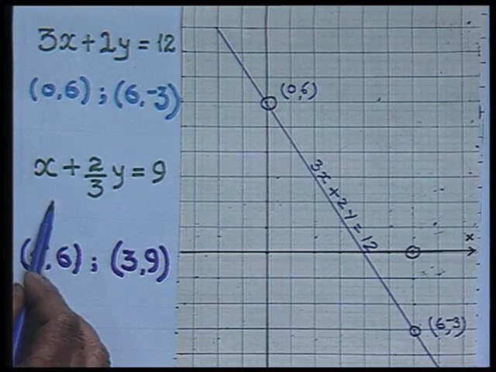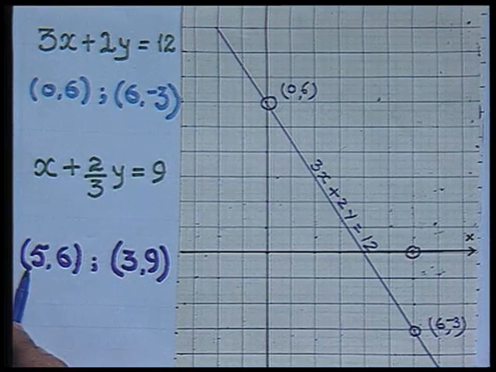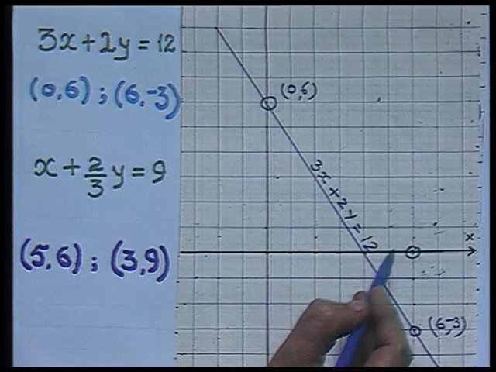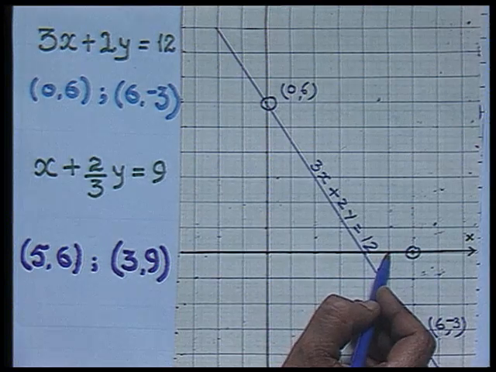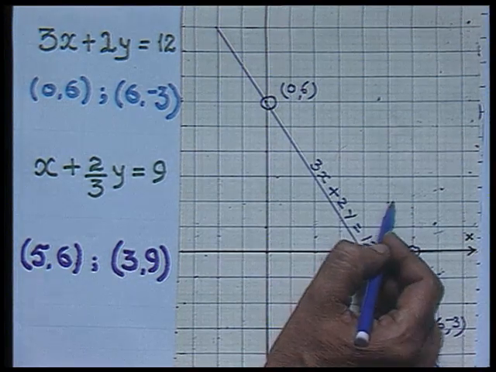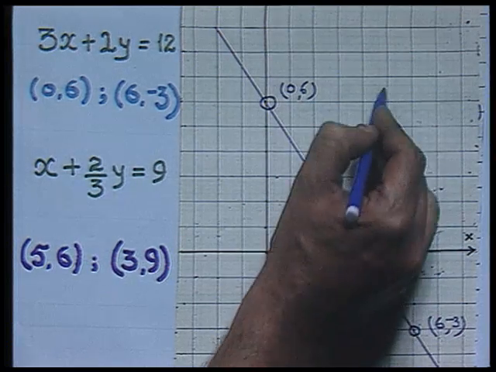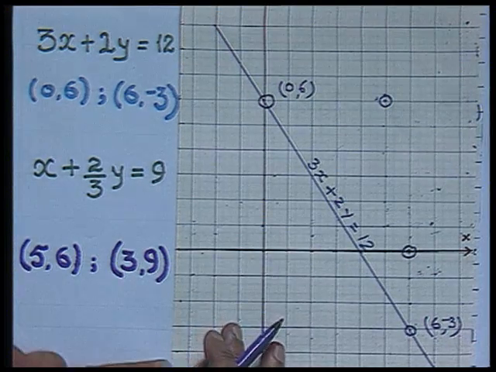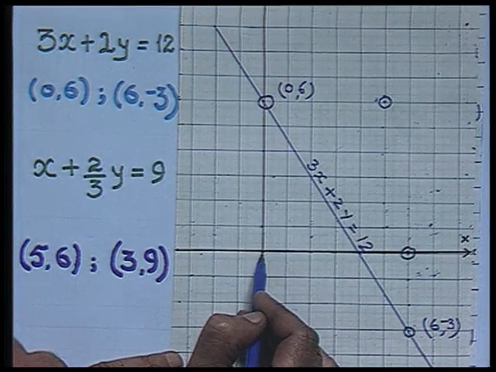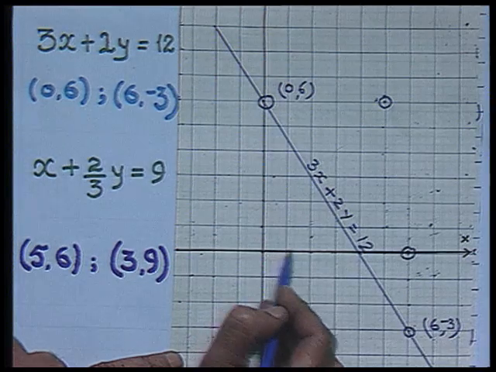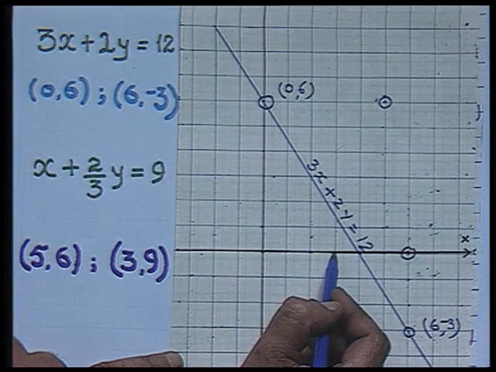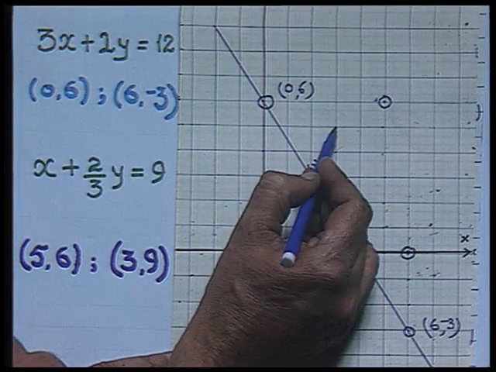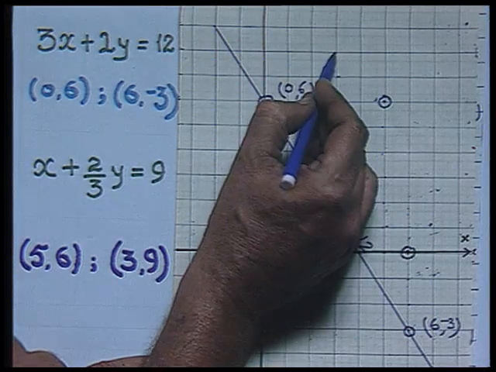Now let's plot the ordered pairs for the second equation. They are (5, 6). 1, 2, 3, 4, 5, and 6 units I will have to move up. This is the one point, and the other point is (3, 9). 3 units onto the right of origin, 1, 2, 3, and 9 units I will move up, 1, 2, 3, 4, 5, 6, 7, 8, 9.